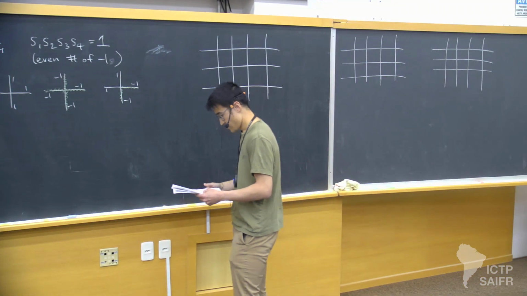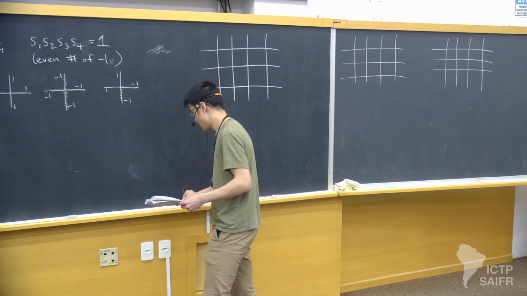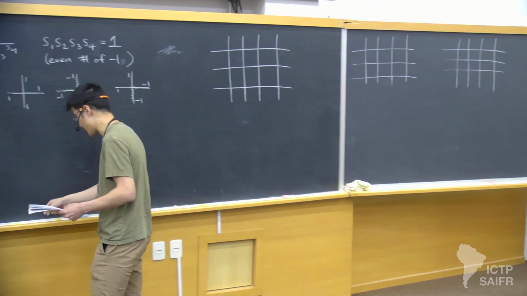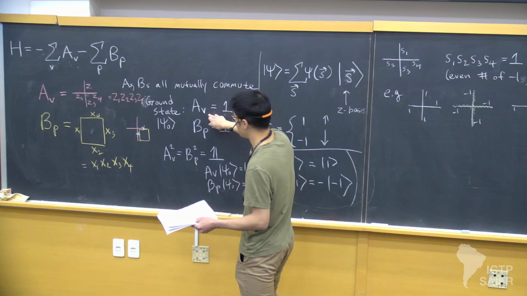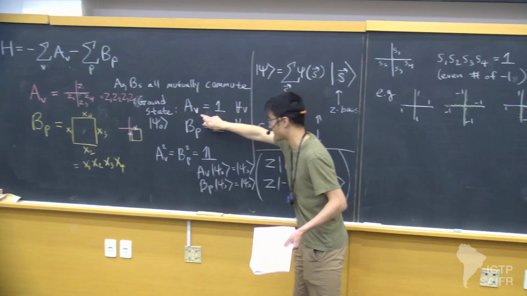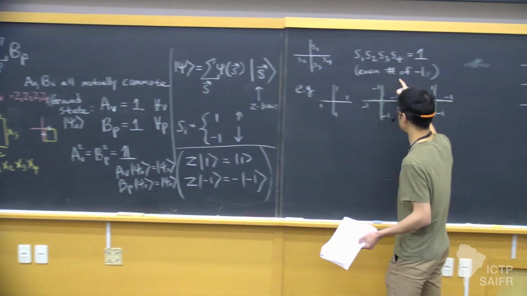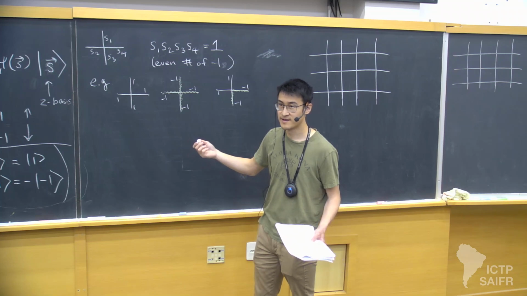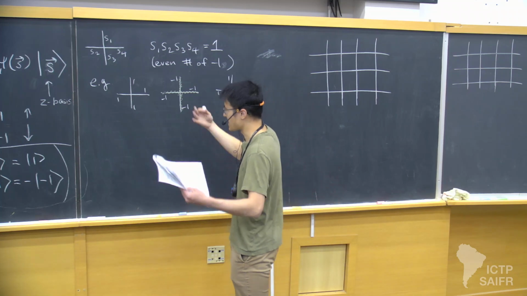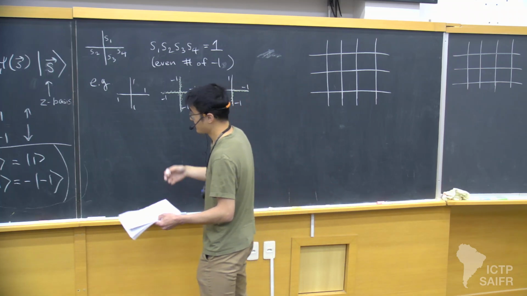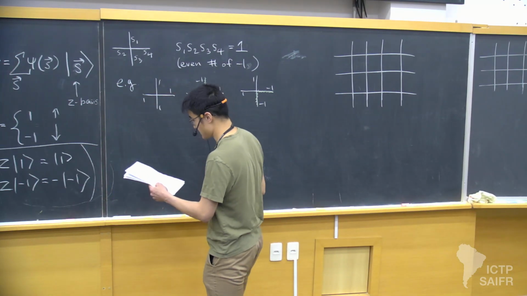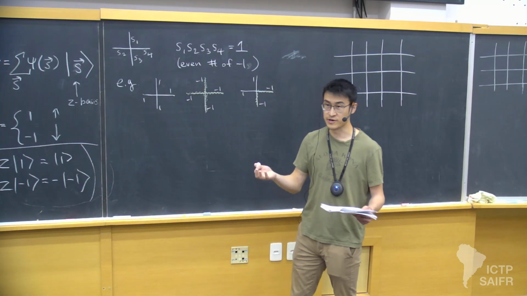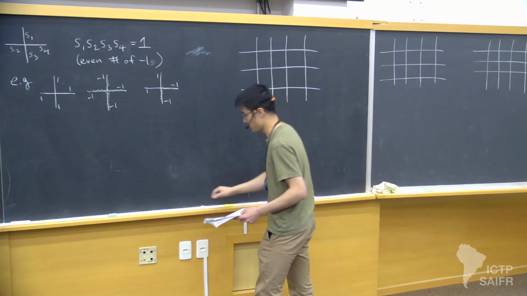Okay. So now we see that for every vertex, if there are an even number of -1s, then the type of configurations that satisfy this A constraint are loop configurations, right?